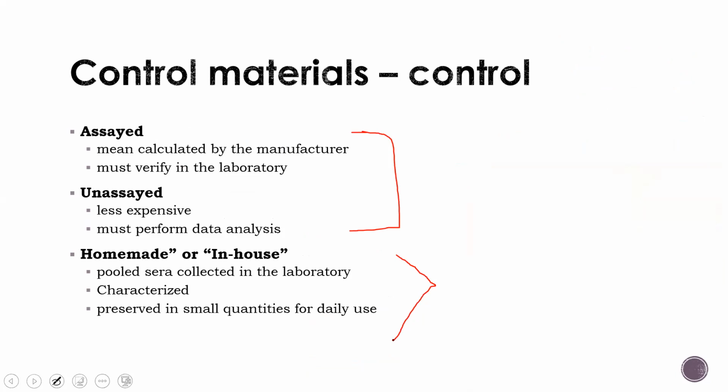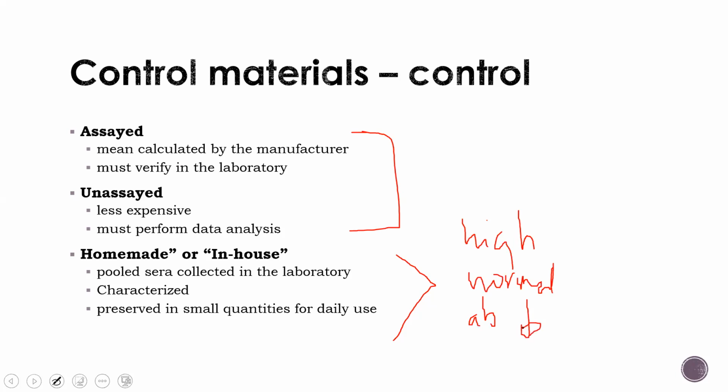So, how do we prepare a pooled sera? When we talk of pooled sera, in your clinical laboratory, you will often have a patient that has high value. It has those that has normal values and those that have abnormal low.